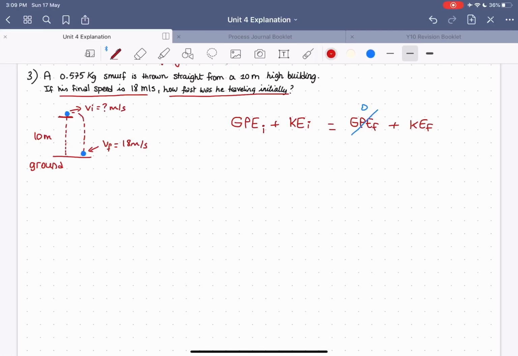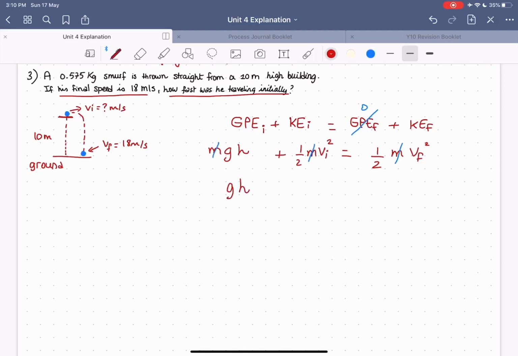Now we can replace the formula of GPE and KE. So mgh plus half mass velocity initial squared is equal to half mass velocity final squared. You can see how we have mass before and after the equal sign, so we can get rid of it.